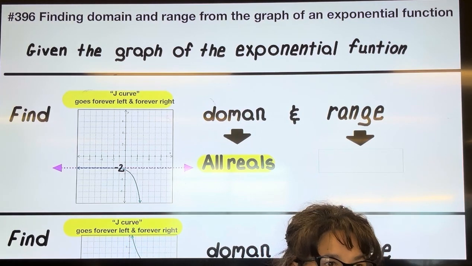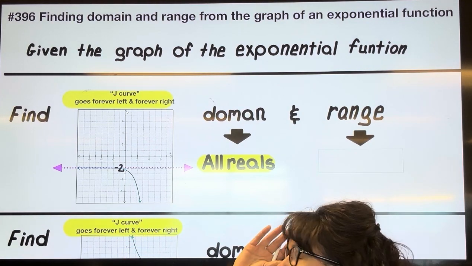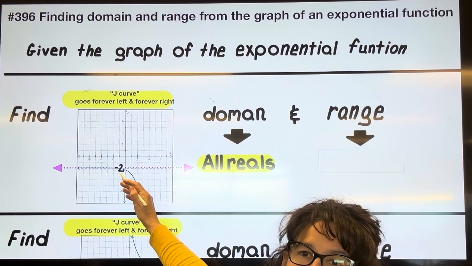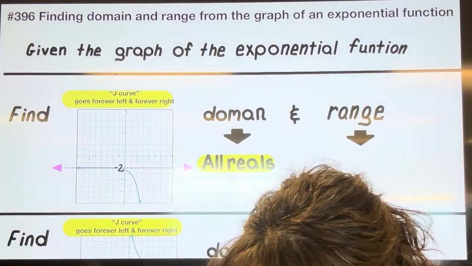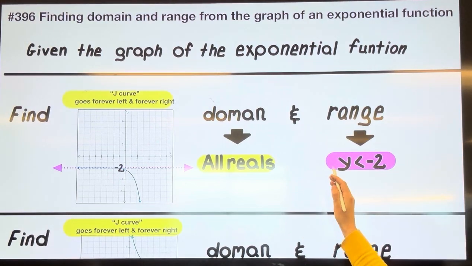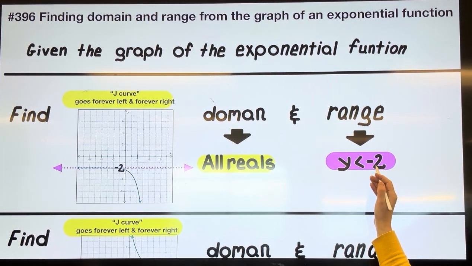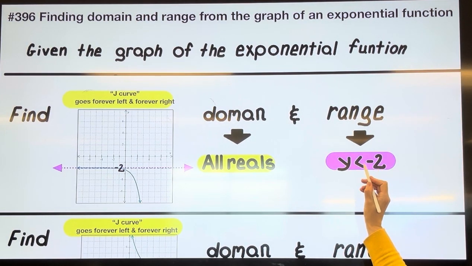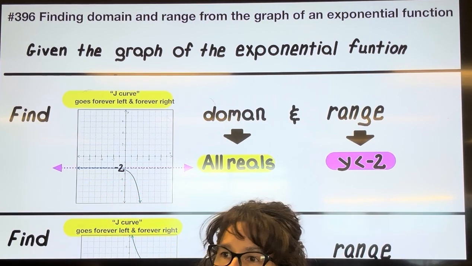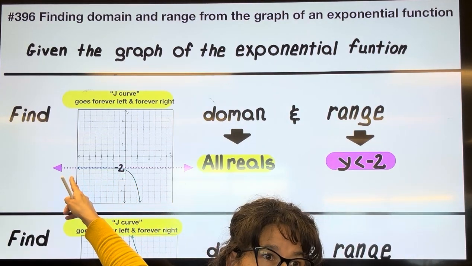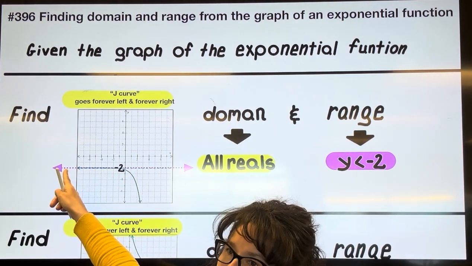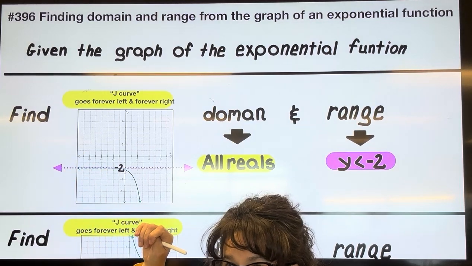So the y coordinates are never going to be bigger than -2. What we're going to say is that y is less than -2. Notice it's not underlined because it's never going to reach a height of -2. It's just getting closer and closer to this line at -2, but it's never going to touch it.